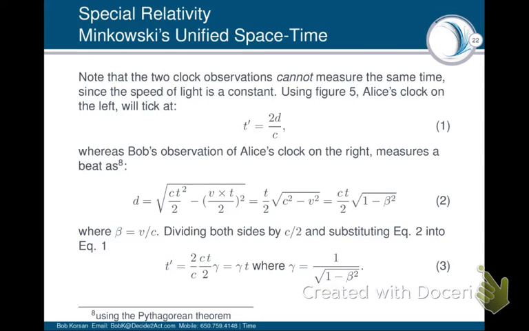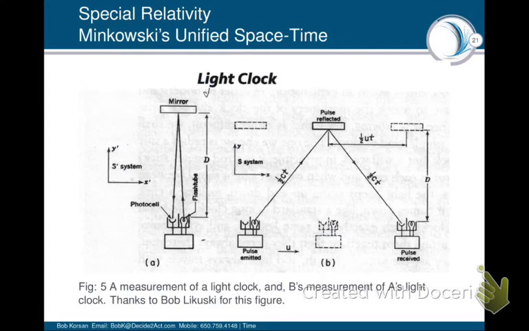Whereas Bob's observation of Alice's clock moves on the right and measures a beat using the Pythagorean theorem, that the height is still the distance d.